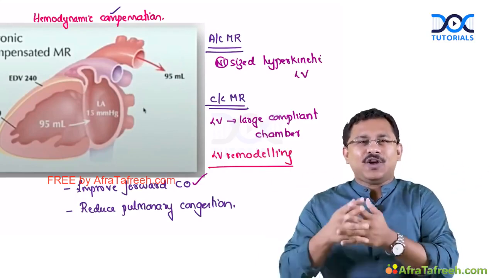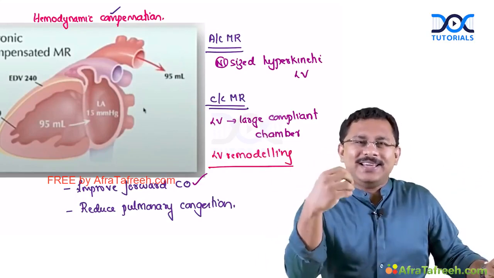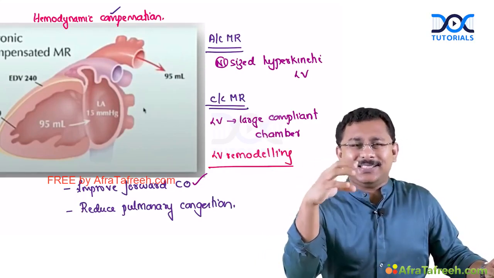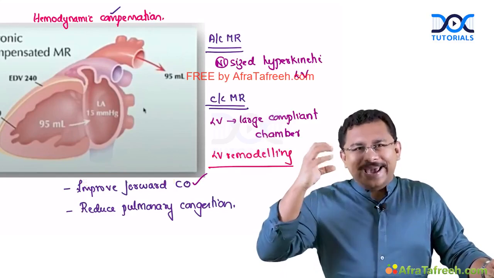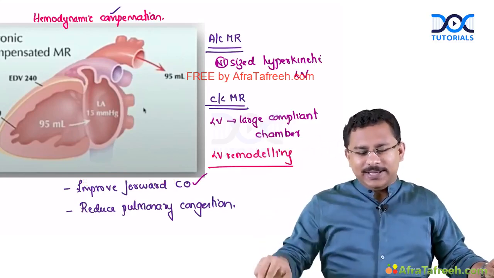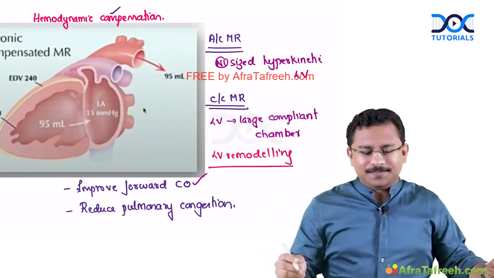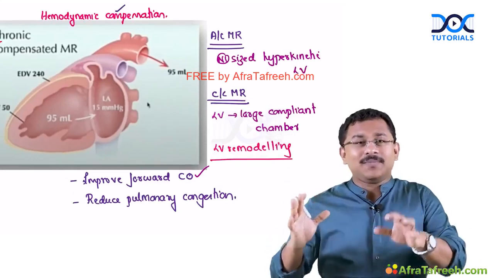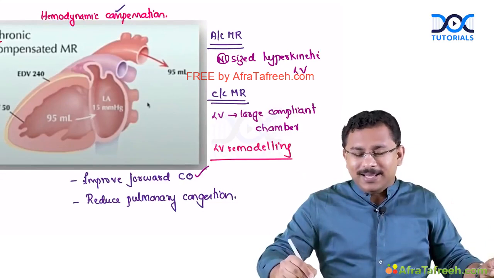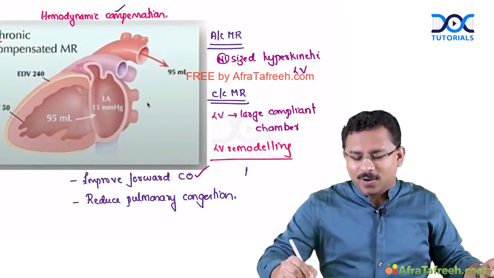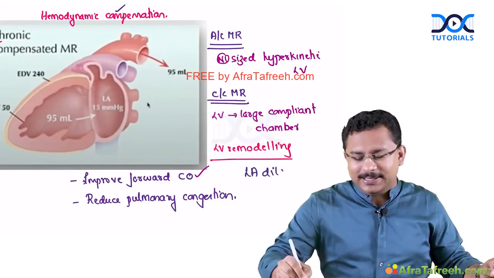In case of chronic MR, when you have a regurgitant jet and the LA is also trying to adapt, there will be an LA dilatation. Remember, in acute MR the LA did not get any time to adapt. But in case of a chronic MR, there occurs an LA dilatation.